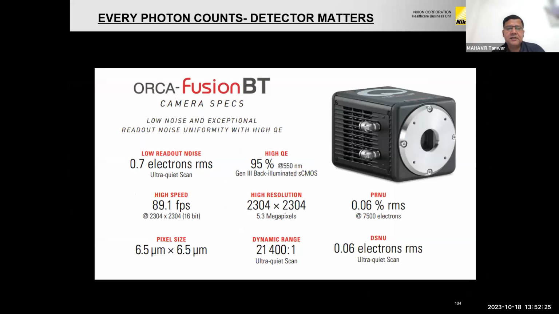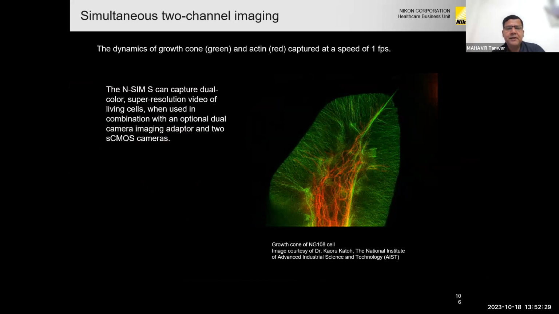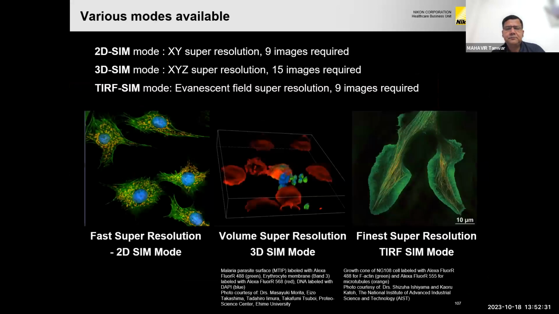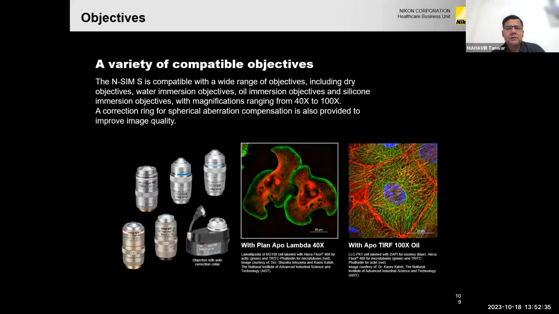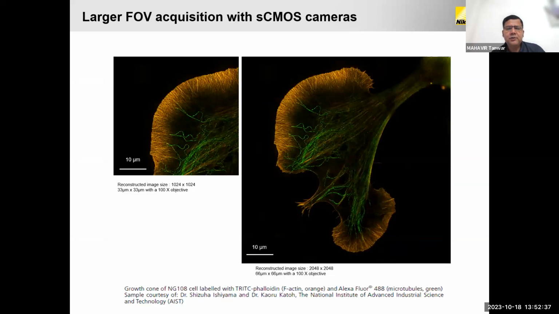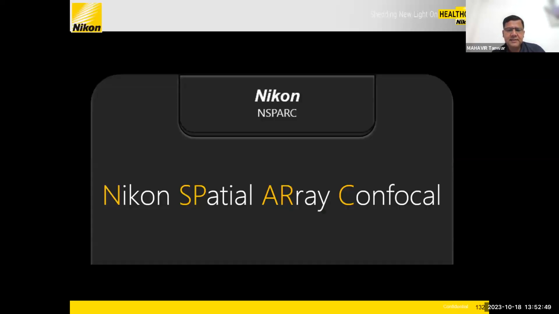And this is, again, a single molecule fluorescence camera. So you can perform dual color SIM. So these are various objectives, dual color, and live cell friendly, definitely, because the light is getting through the diffraction grating, so the power of the laser falling on the sample is less.